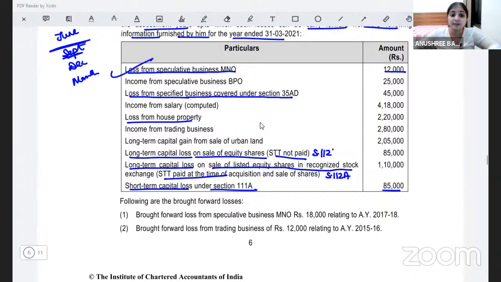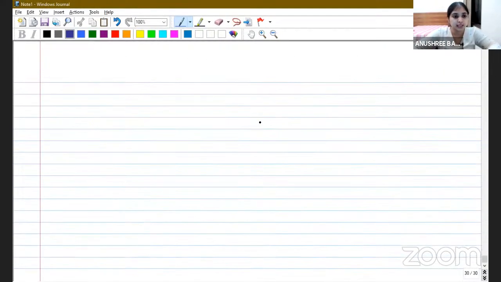Then 35AD loss. Is intra-head possible? No. 35AD loss can be adjusted only against 35AD income. Do I have any 35AD income? No. So I have no choice. I will carry it forward. So after this entire solution, write down section 35AD loss: 45,000.